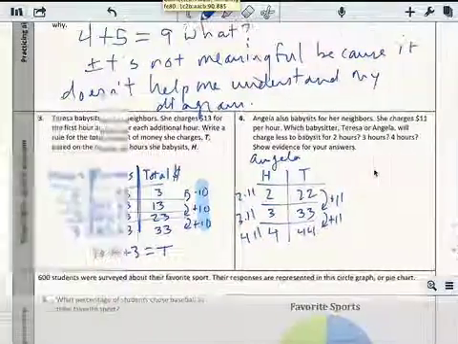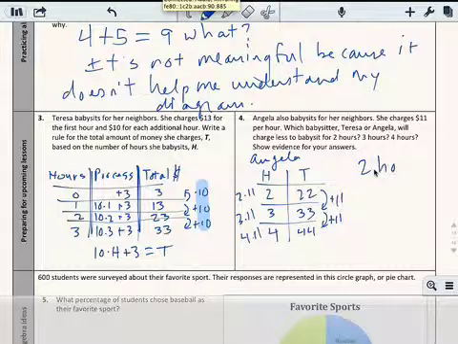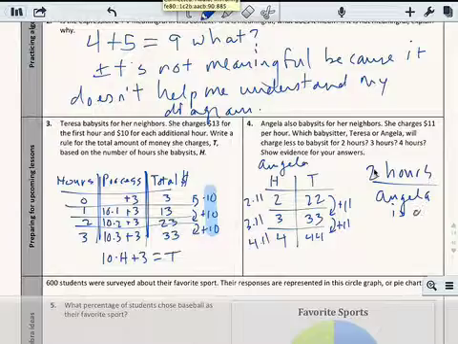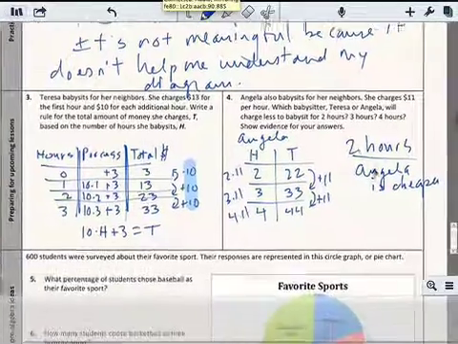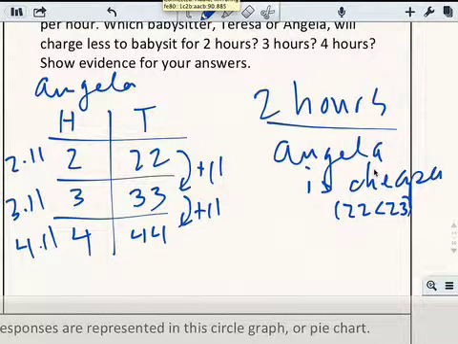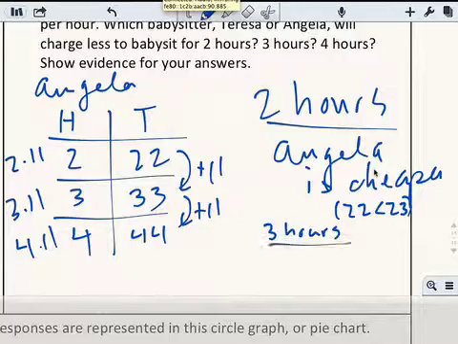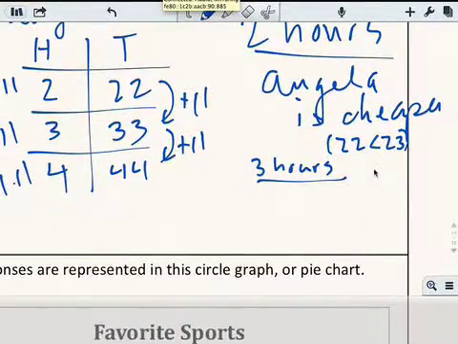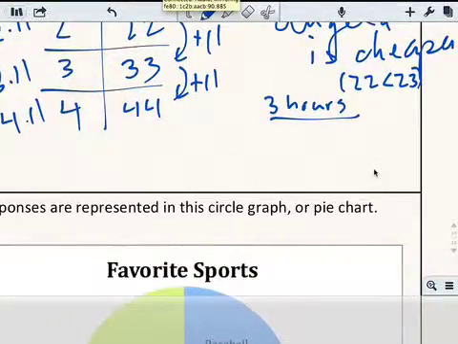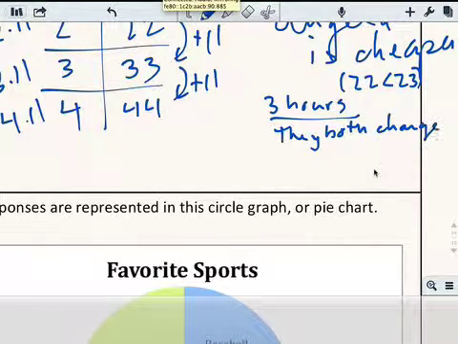I can also figure that out because she charges $11 more per hour. So let's just compare. It looks like for 2 hours, Angela is cheaper. And I can give you evidence: 22 is less than 23. For 3 hours, Angela charges 33 and Teresa charges 33, and so they both charge 33.